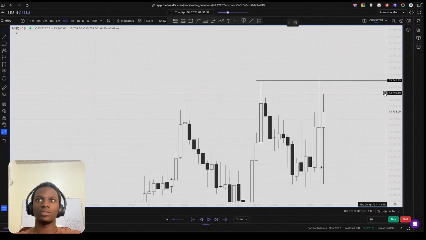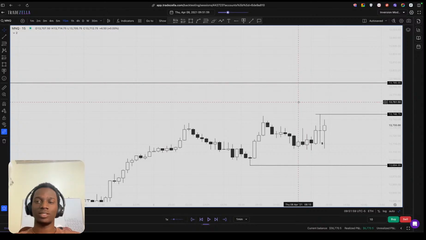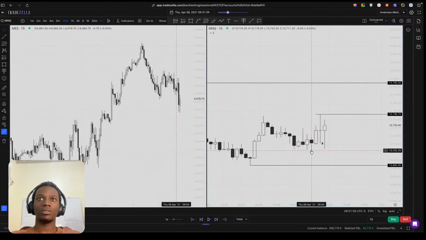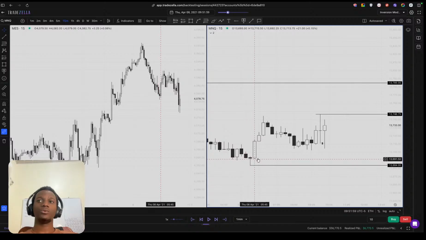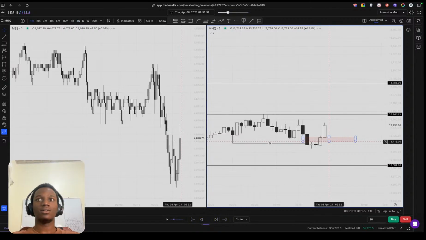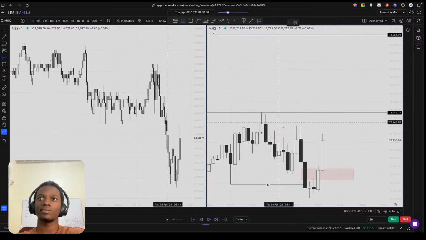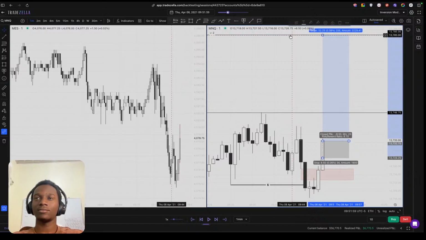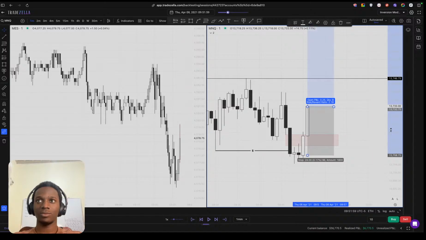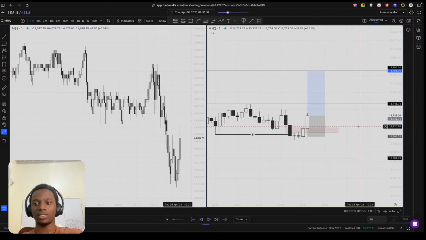While checking the 15, we could target this high here. It's too close. We could also target this high. Well, we also have a huge SMT, so I think this is the time to long it towards this high. 50 points with a 25 point stop. So it will be 10 micros again.